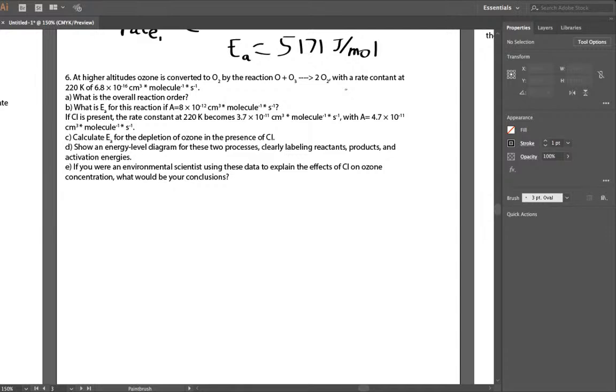Wait, rate constant. But that's 1 over molars second. Centimeter cube is basically milliliters. Okay, what's the overall reaction order?